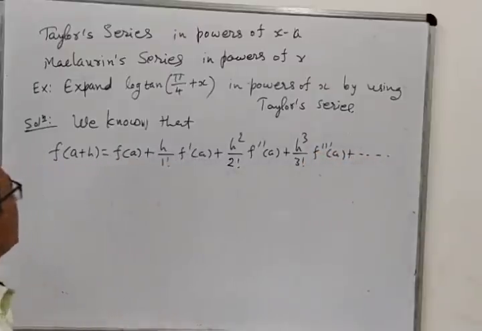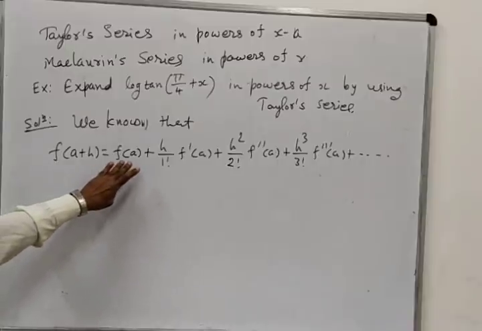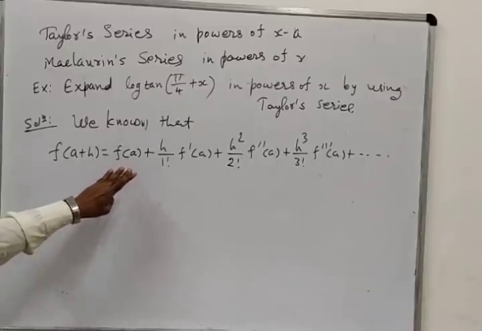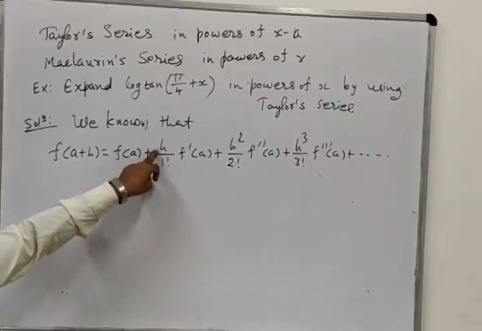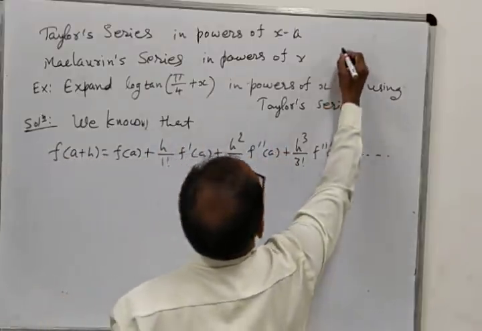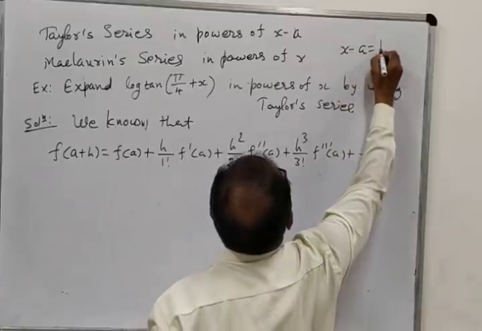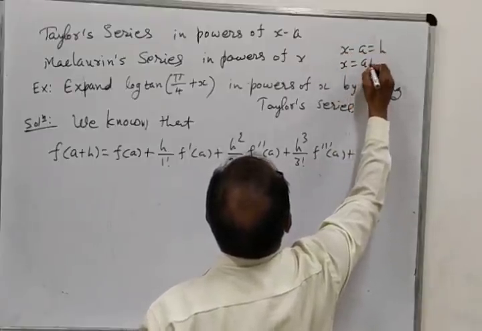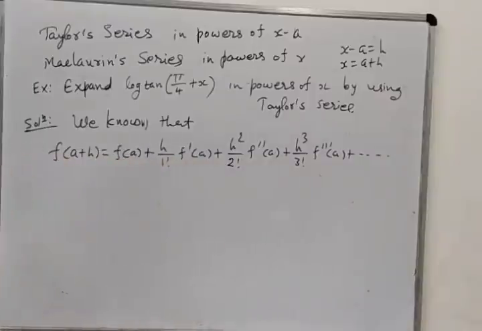Okay, so here, this is nothing but the second form of Taylor series, because in Taylor series we were writing x minus a whole squared, x minus a whole cubed. That means we are putting x minus a equal to h, and that's why we were getting the second form.